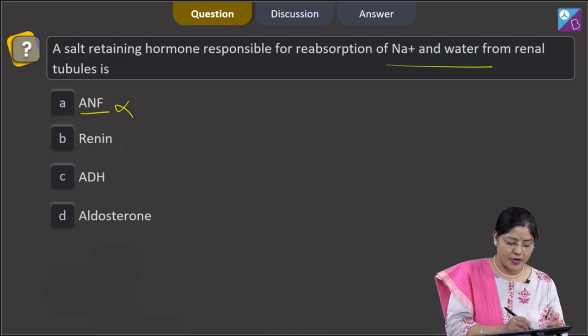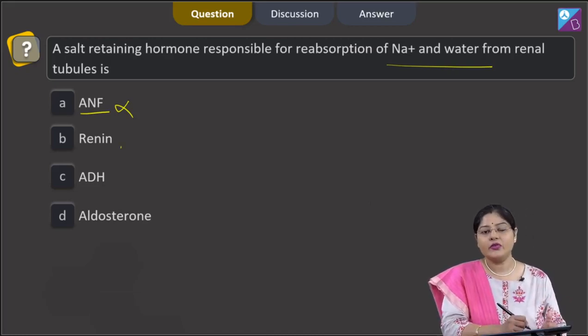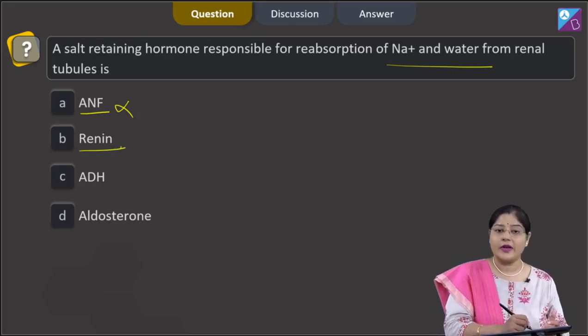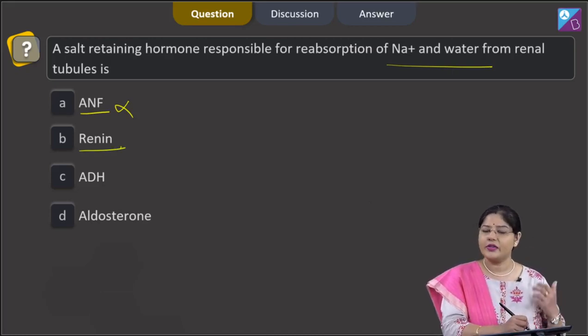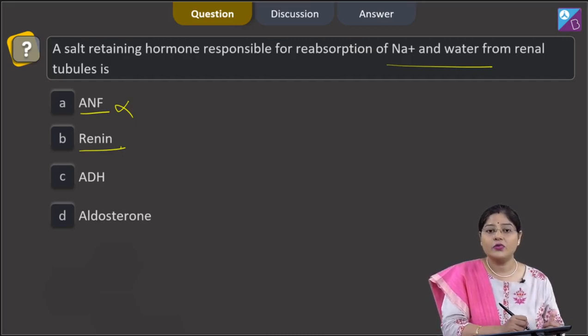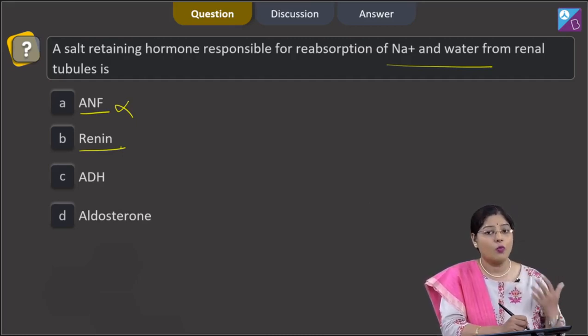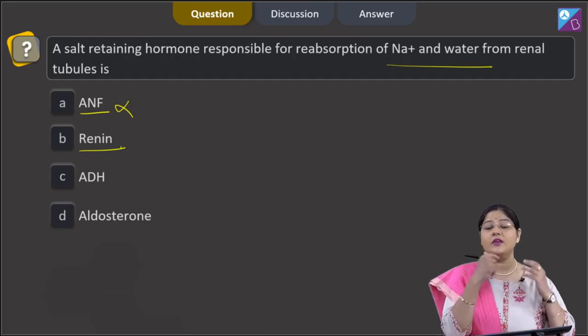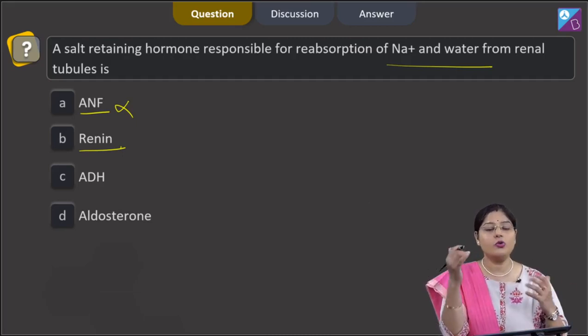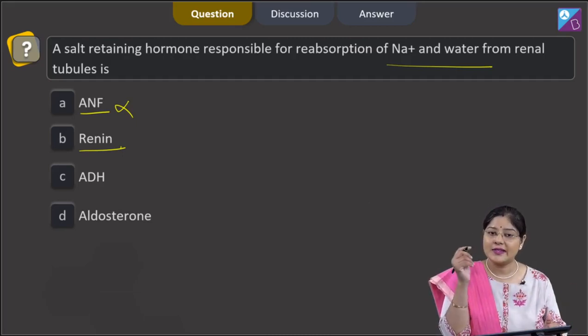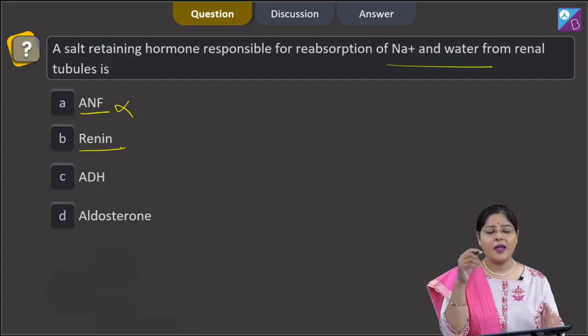Second option, renin. Renin is released in response to low GFR. JG cells, juxtaglomerular cells, secrete renin in response to low GFR, and this renin converts angiotensinogen of blood into angiotensin 1, and angiotensin 1 converts into angiotensin 2 by the angiotensin converting enzyme present in the lungs.